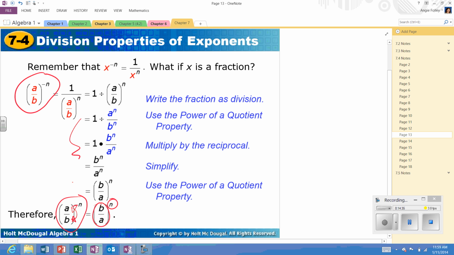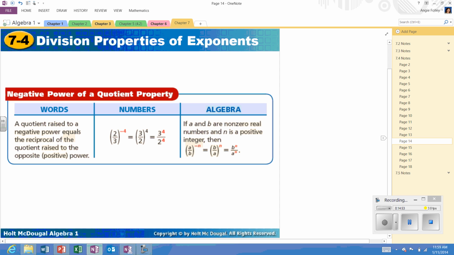And right here is the proof behind why you can do that. You can walk yourself through that. It makes sense. It might actually help make more sense to you why that is. But if it is raised to a negative power and I have a fraction inside, I can flip the numerator and the denominator, and that will make that power positive. So a quotient, or a fraction, raised to a negative power equals the reciprocal raised to the positive form of that power.